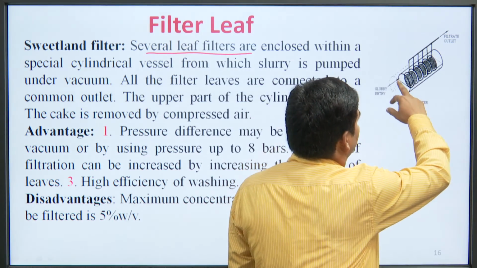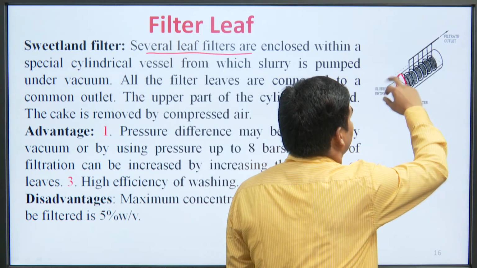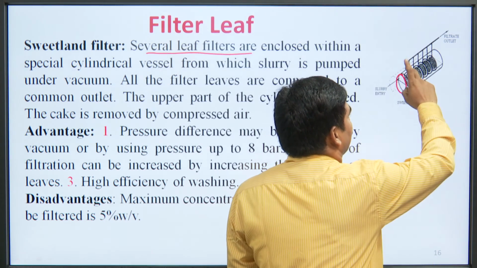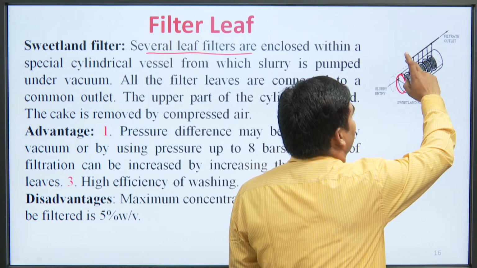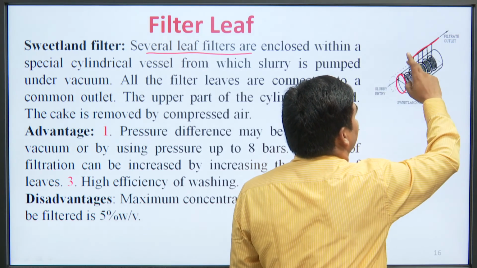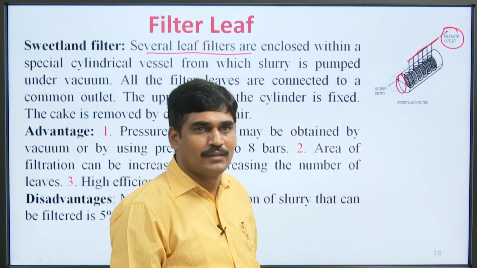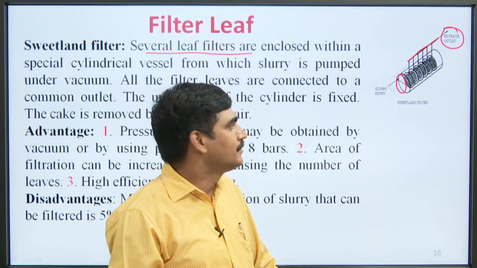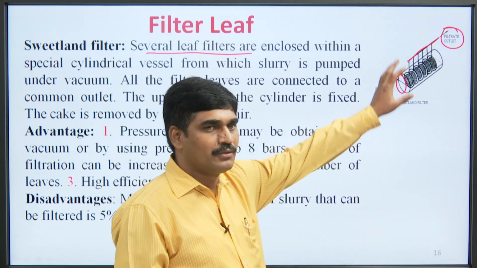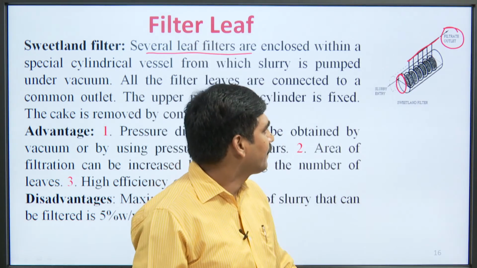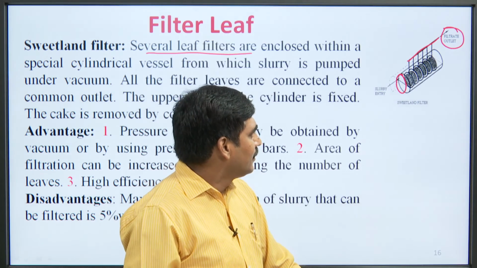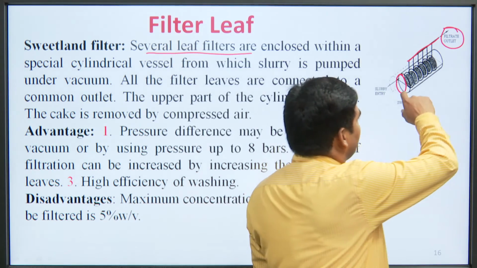This is the slurry entry point. All the filter leaves are connected to a single outlet, that is, from here we can collect the filtrate that is coming out of the filter leaves.